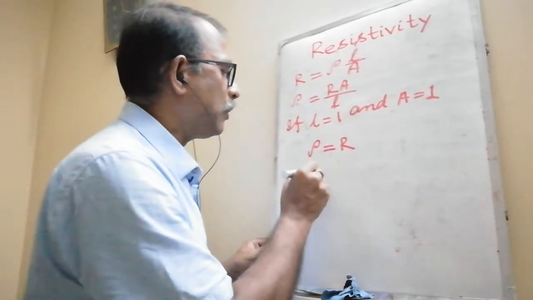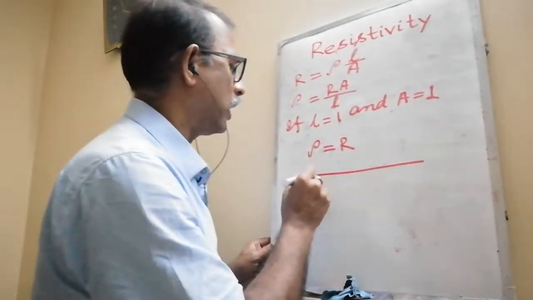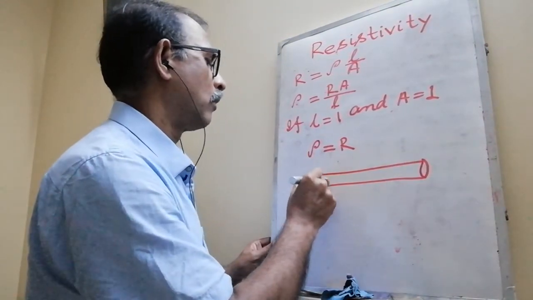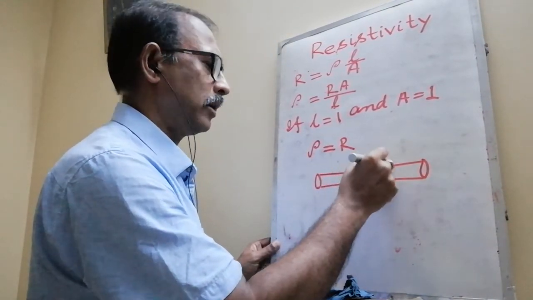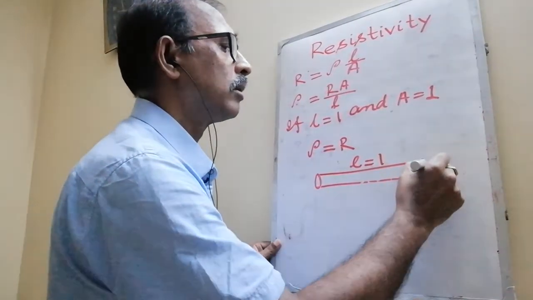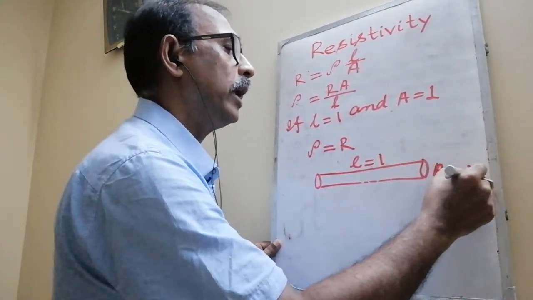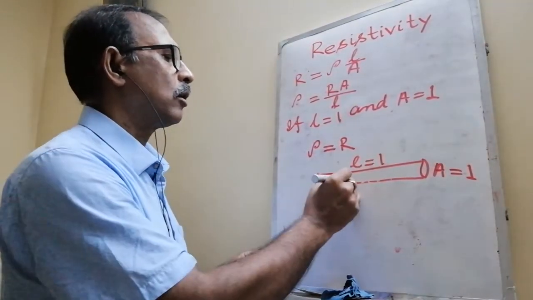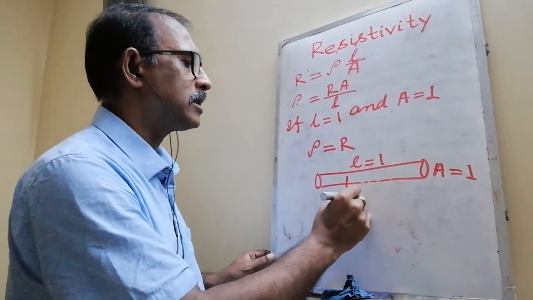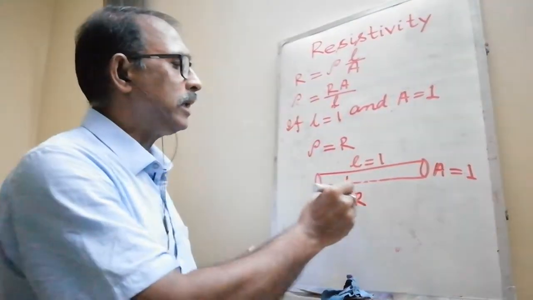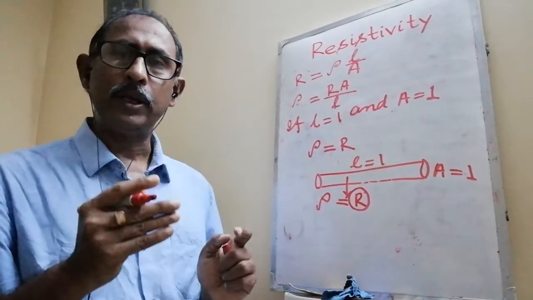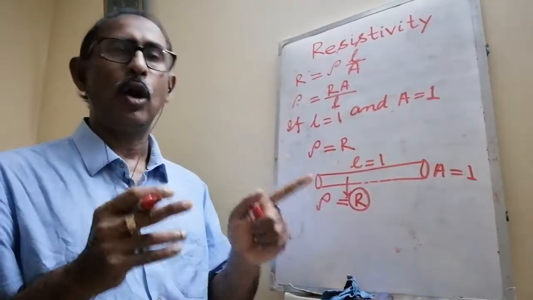That means if you take a conductor of unit length and unit cross section, then the resistance of this conductor is taken as the resistivity of the material of that conductor.